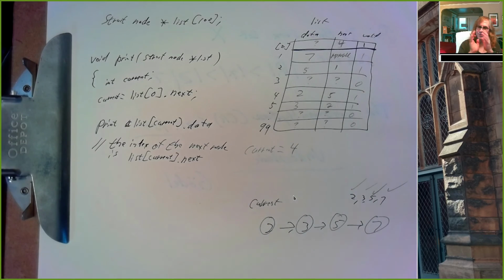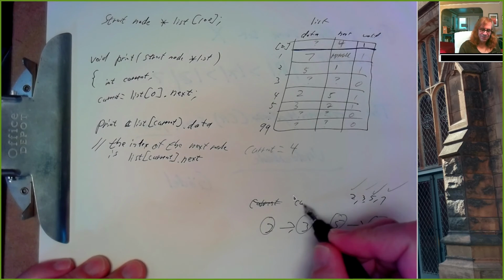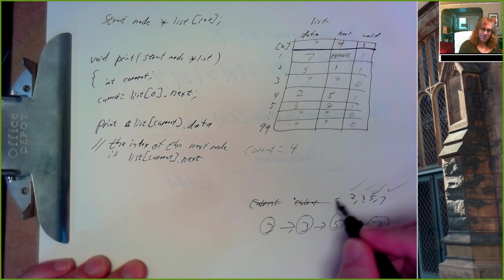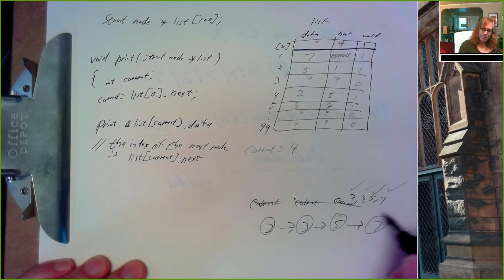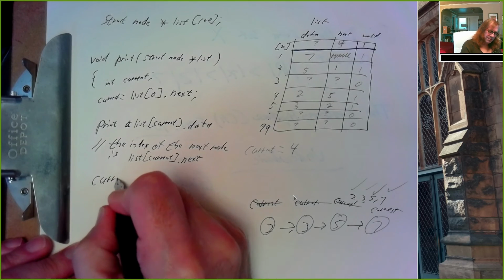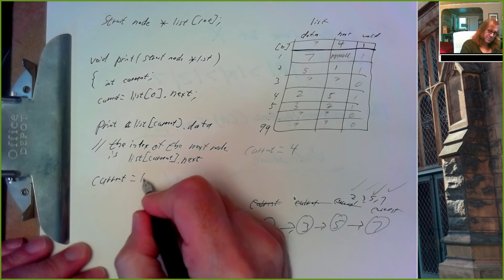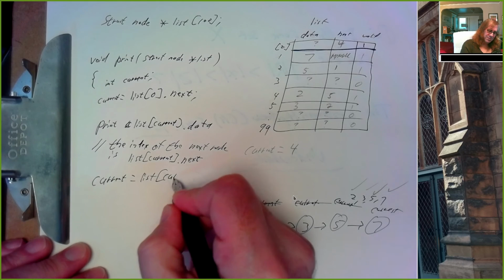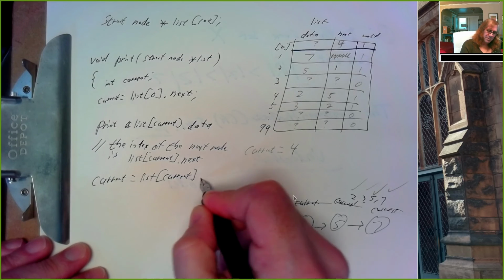So to move down the list, I'm going to change the value of current to be each node in succession. So I'm going to do something like this. Current equals list[current].next.